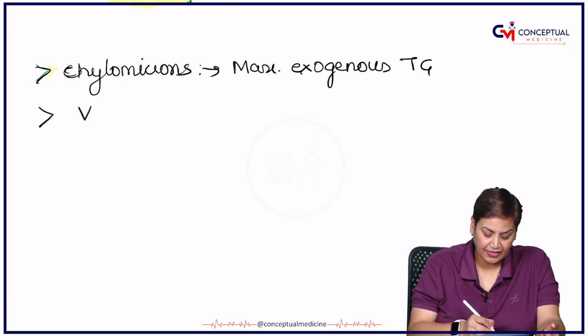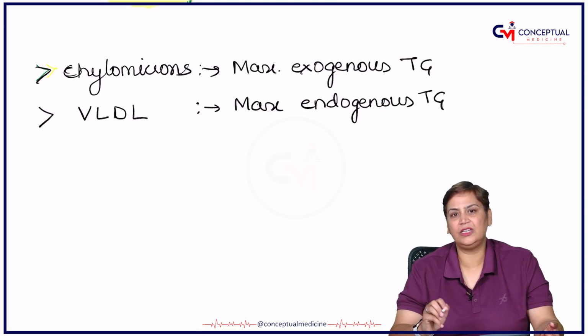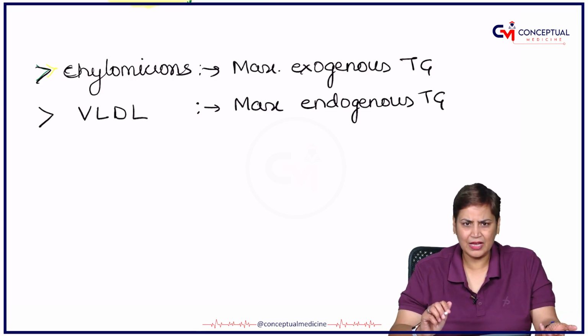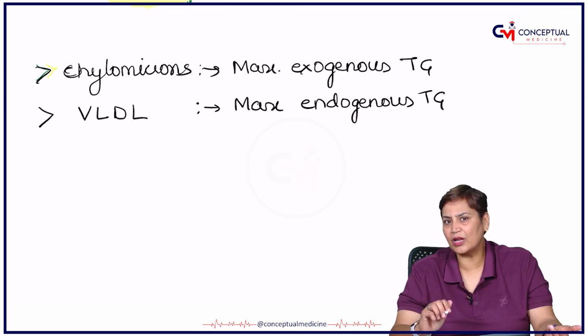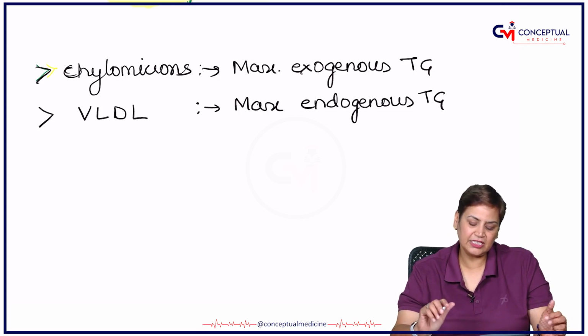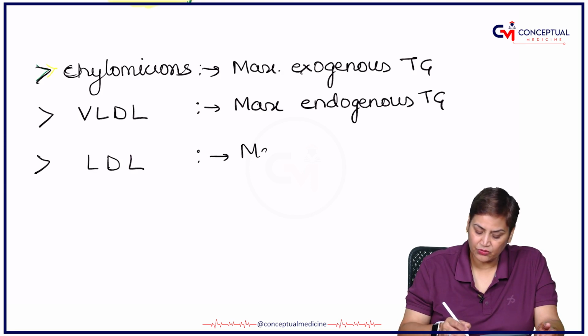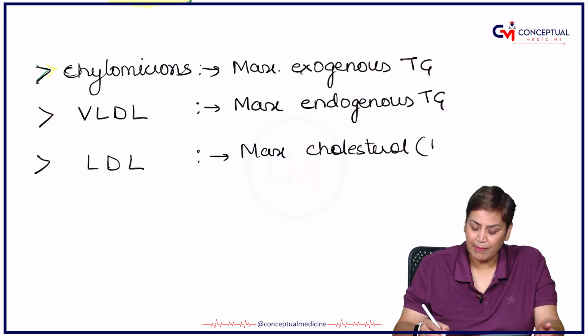On the other hand, VLDL has maximum endogenous TGs. The source of endogenous TGs is the metabolism occurring in our body. Maybe due to stress, or overproduction of hormones, it will lead to increased production of endogenous TGs. Exogenous TGs we get from the diet. Then LDL has maximum cholesterol, and that is why we always refer to LDL as bad cholesterol.